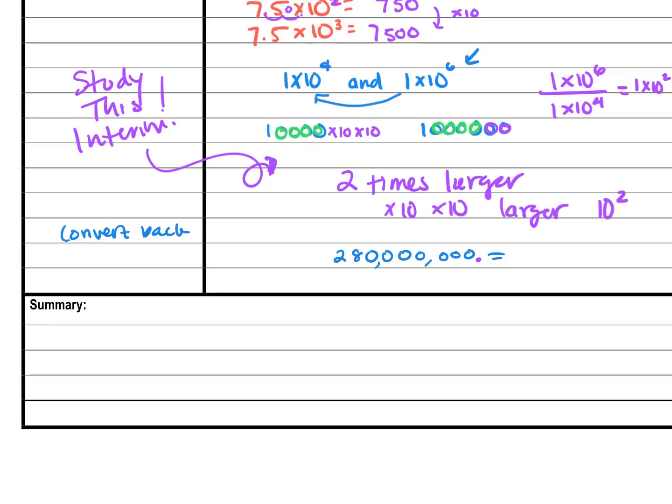You're going to move your decimal to give you a whole number. So 1, 2, 3, 4, 5, 6, 7, 8. So it's 2.8 times 10. And how many places? 8. It's a large number. Okay? So it needs to be a positive exponent. So what if I have 0.00000076?